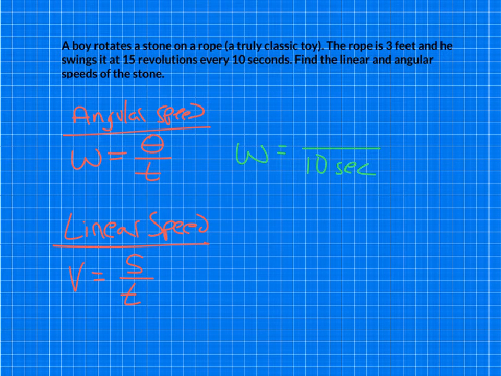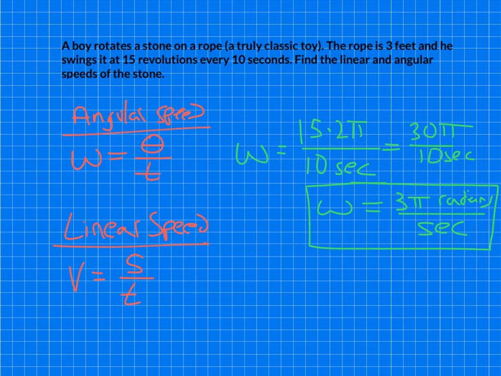How much angle is covered? 15 revolutions, so it's 15 times around, and one time around is 2 pi, so it's 15 times 2 pi, which is 30 pi over 10 seconds, which gives me an angular velocity of 3 pi radians per second. That's my angular velocity.